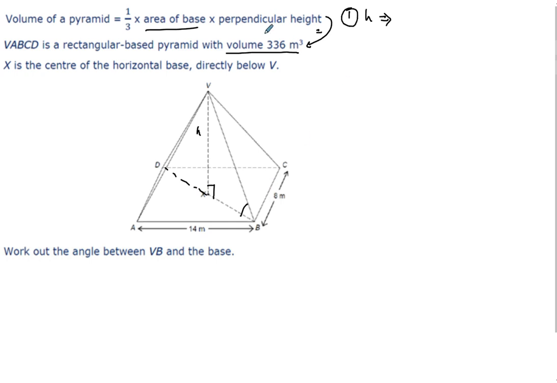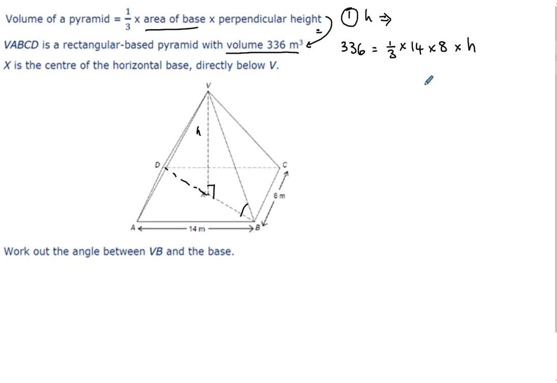Okay, but if we've been given the volume, then you can tell we'll be able to find out H from here. Yeah, so all we say is 336, which is the volume, is 1/3 times the base, the area of the base. And what's the area of the base? 14 times 8 times the height.